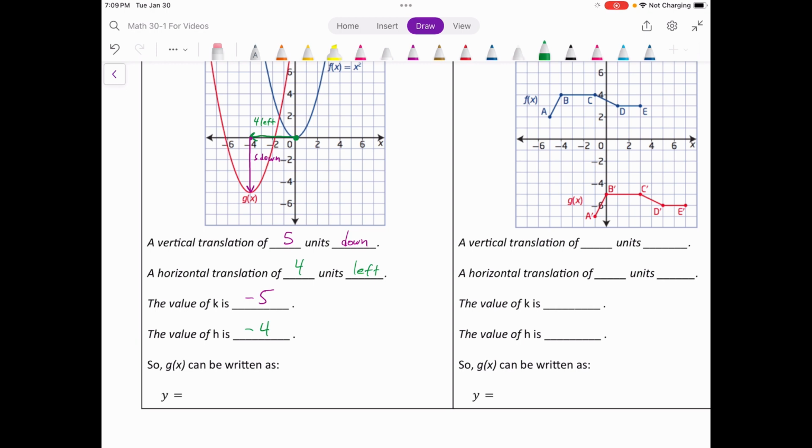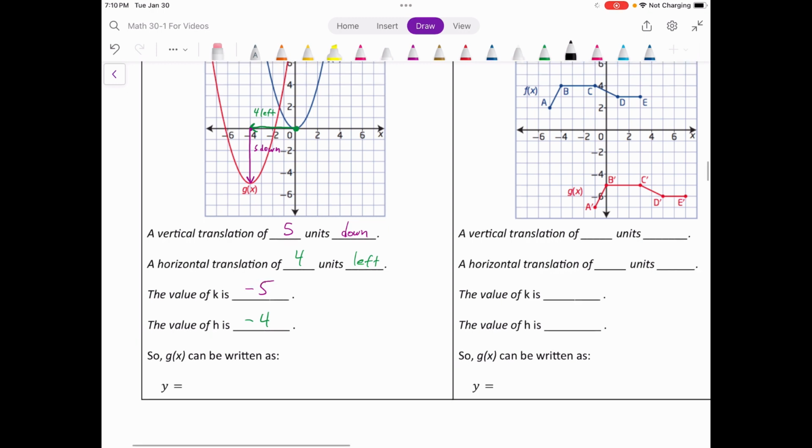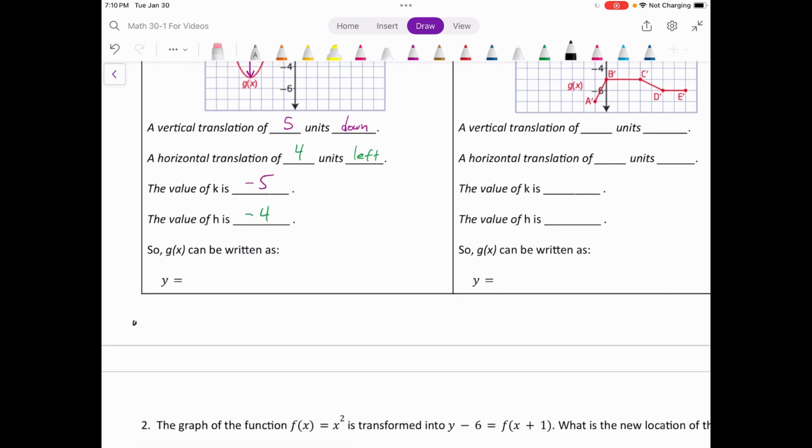Well, in general, for transforming functions with just translations, again, we're going to add more stuff to this later, but for just translations, we say, take f of x, and to translate it h units left or right, you're going to subtract your h. And then, to translate it k units up or down, you're going to add your k.